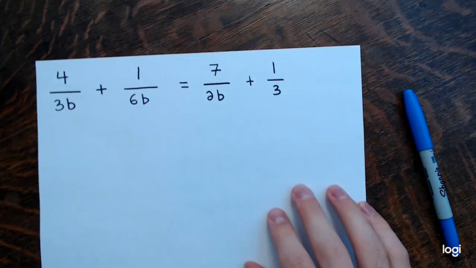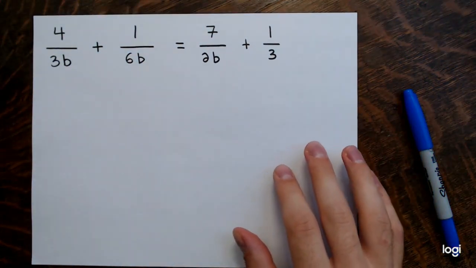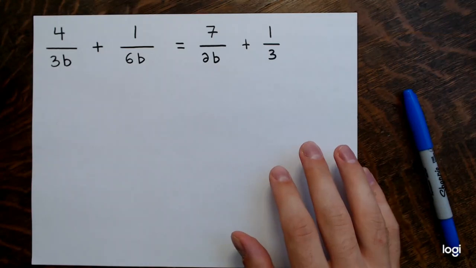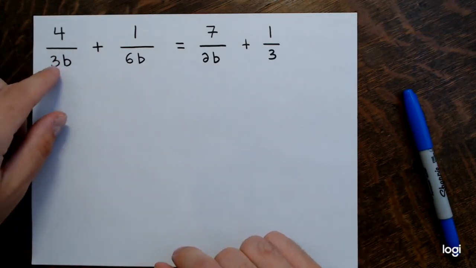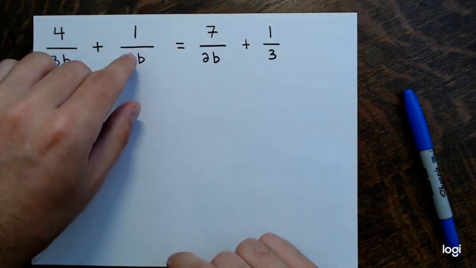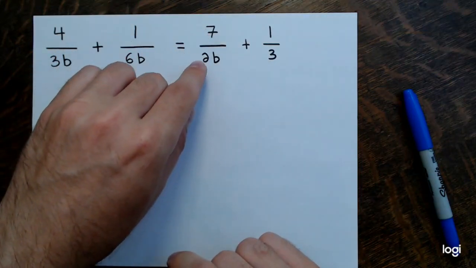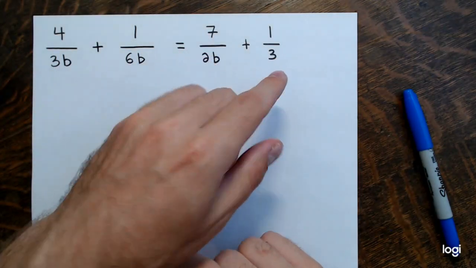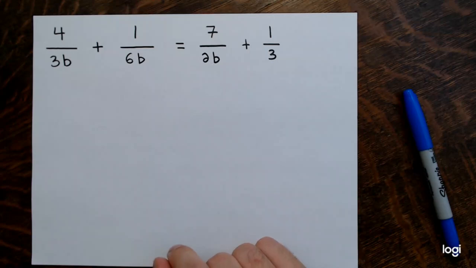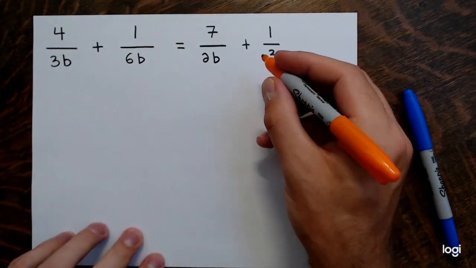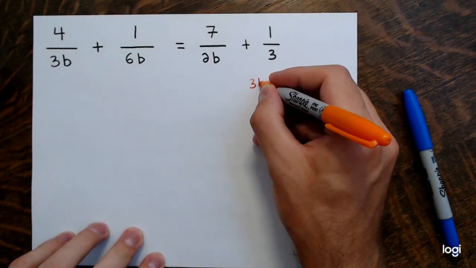The next one. So here we're solving for b, right? The variable in this one is b. 4 divided by 3b plus 1 over 6b equals 7 over 2b plus 1 over 3, 1/3. So first, the LCD. So 3b.